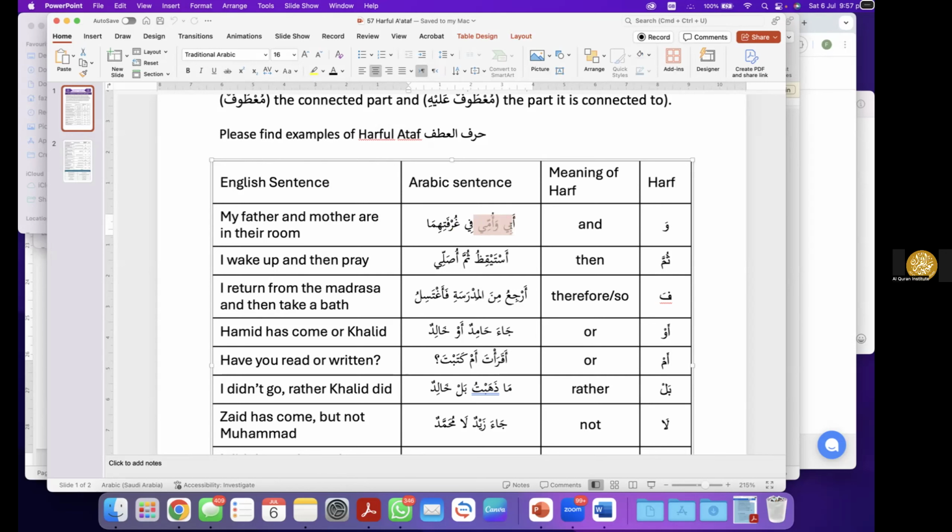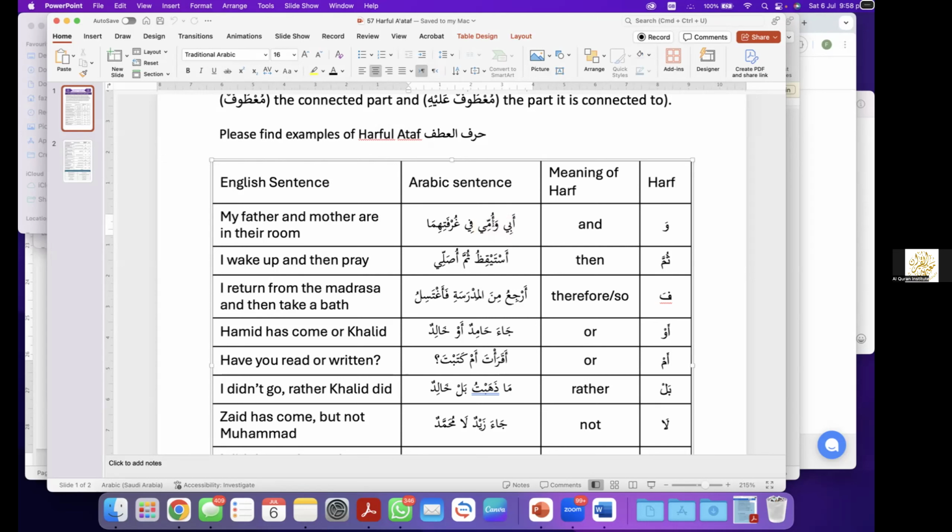There are two components being connected by harful ataf. The one it is connecting, that's called, Ma'tuf ala? No, you are wrong. The harf ataf is connecting, that word is called ma'tuf.